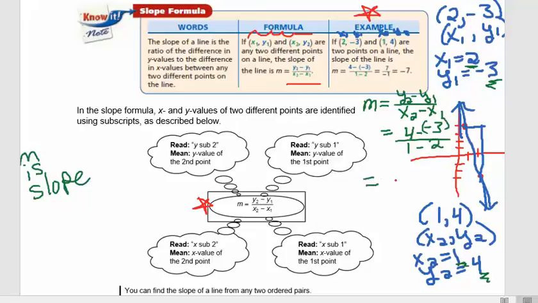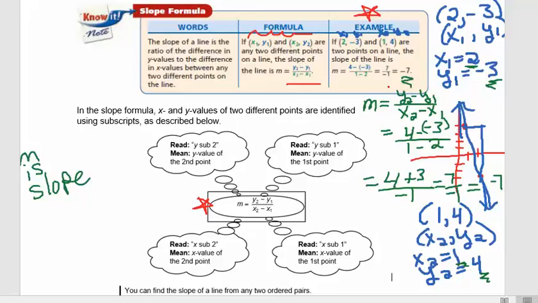I have 4 minus -3, that's the same as 4 plus 3. On the bottom, I have 1 minus 2, which is -1. The numerator is 7 and the bottom is -1. 7 over -1 is the same as -7. So my slope, my m of this line, would be -7.